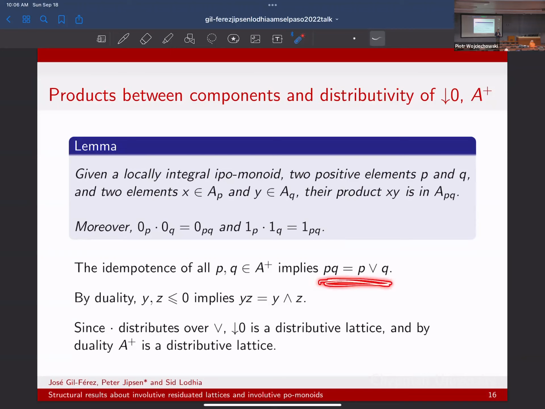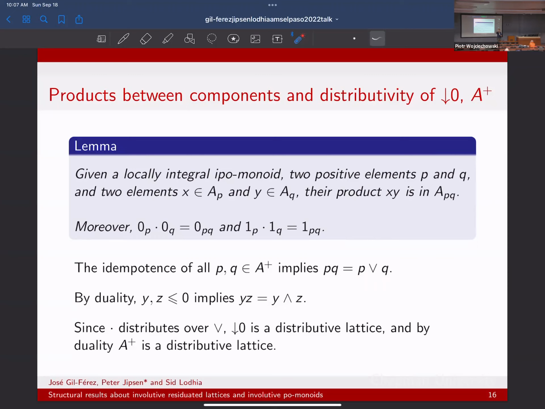And what's interesting is that everything in the positive cone turns out to be idempotent. Now, our assumption of local integrality is that everything below 0 is idempotent. But in this theory, it turns out that if you flip over using one of the linear negations, this forces everything in the positive cone to be idempotent.